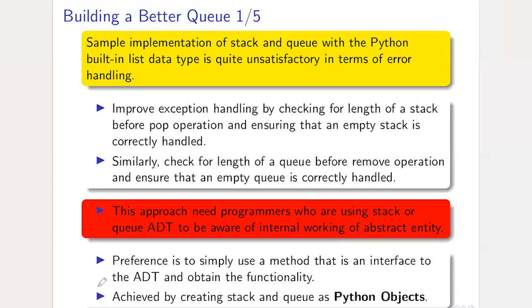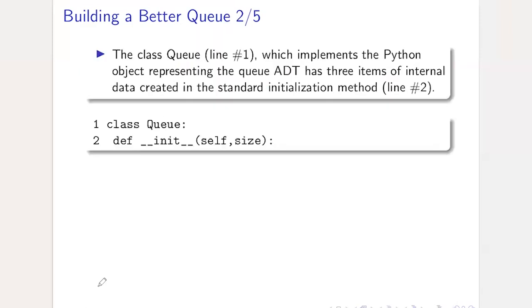To do that, we have to create objects. To maintain the abstract nature of these data types, as well as to do a better job of error handling, we will not write the error handling code directly in our main program body, but we will implement Python objects. Let me quickly give you a rundown on that part along with the code.